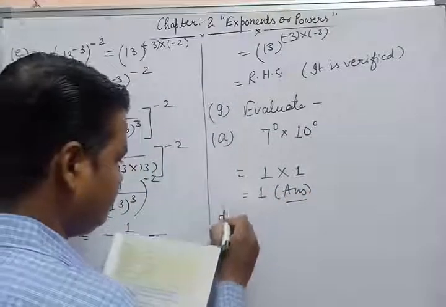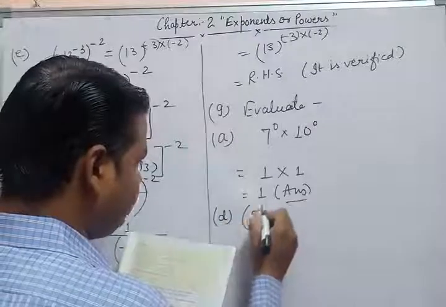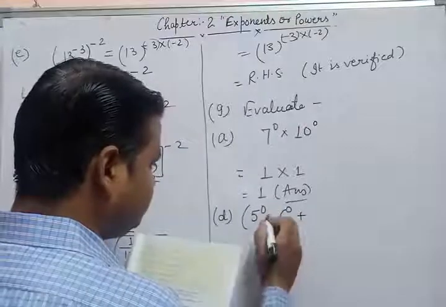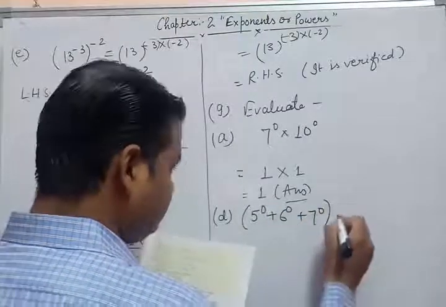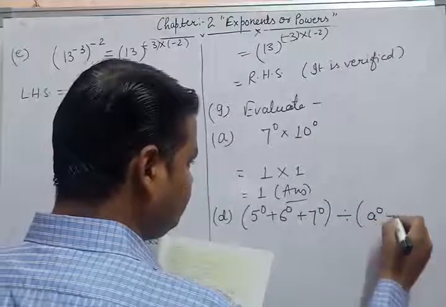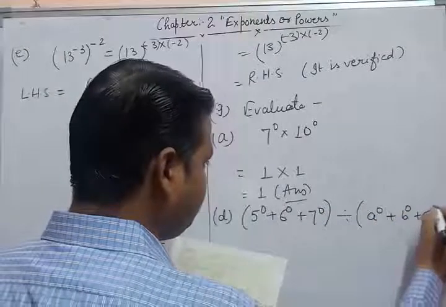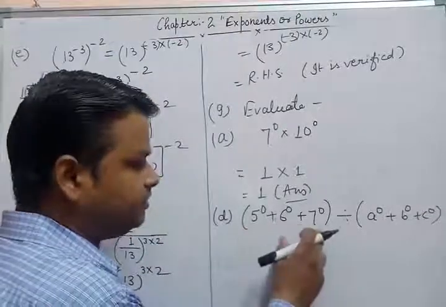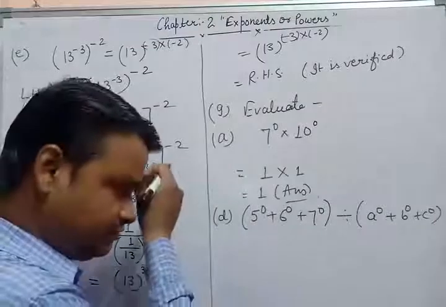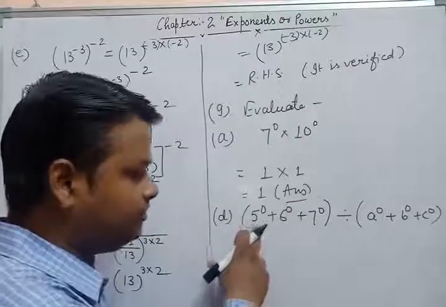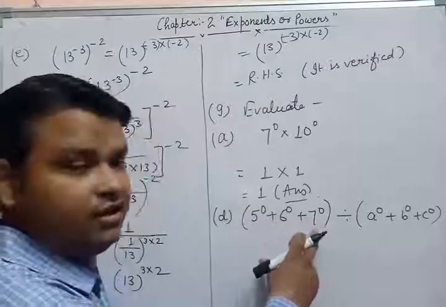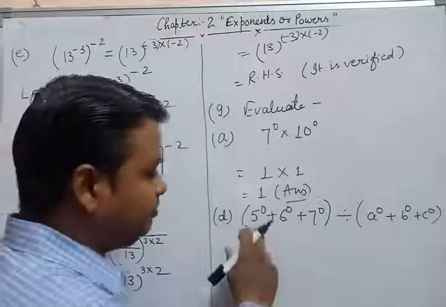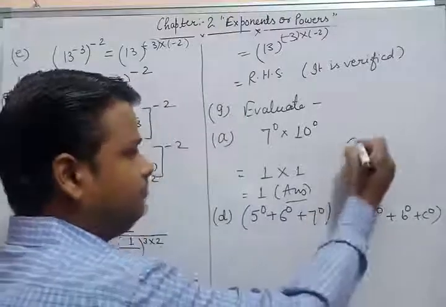In the same way, question D is 5 to the power 0 plus 6 to the power 0 plus 7 to the power 0, divided by A to the power 0 plus B to the power 0 plus C to the power 0. You have to see all the bases. 5, 6, 7 are written, and here A, B, C are written, and all the bases are non-zero integers because there is no 0 to the power 0.